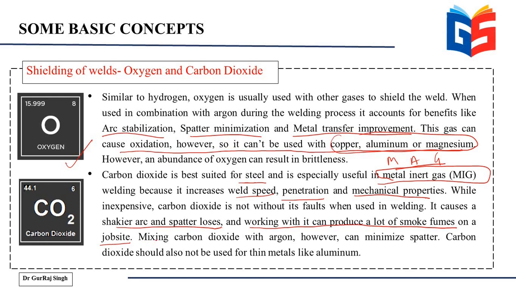So therefore this has its own disadvantages, and mixing CO2 with argon can minimize spatter. So that's one benefit which you can achieve by mixing it in regulated quantities with argon gas. And carbon dioxide should also not be used for thin metals like aluminium.